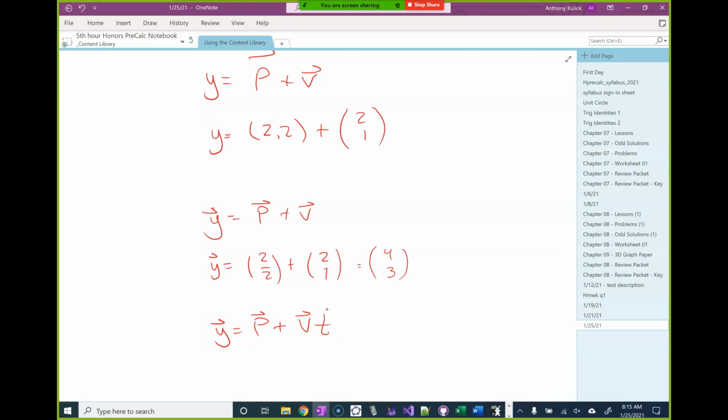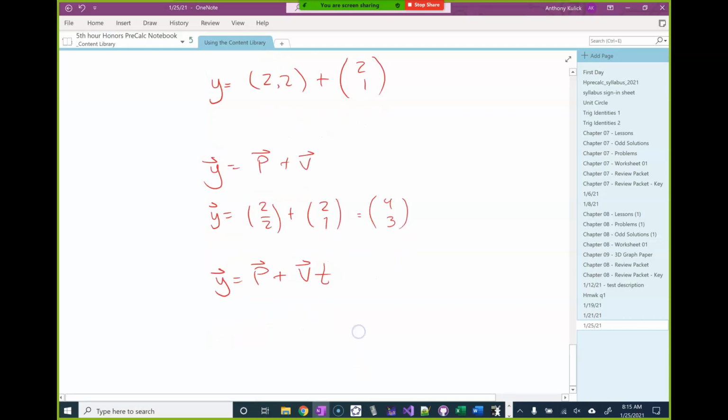Now, typically when we write these letters, we don't use those letters. We write it with r and t, not v and t. Don't ask me why we settled on those letters, but that's the convention. So that's our vector equation for a line.